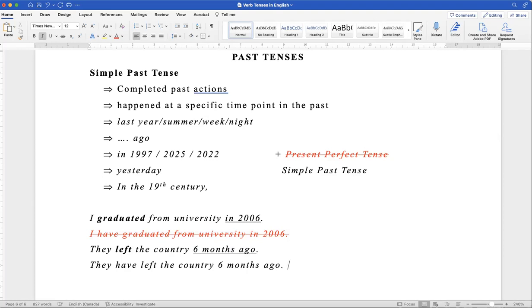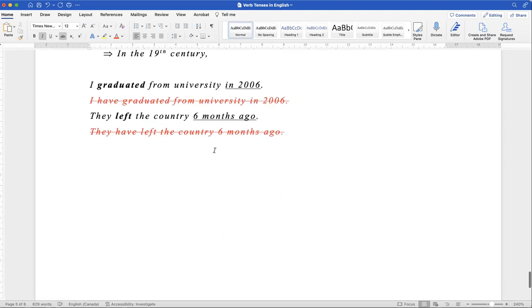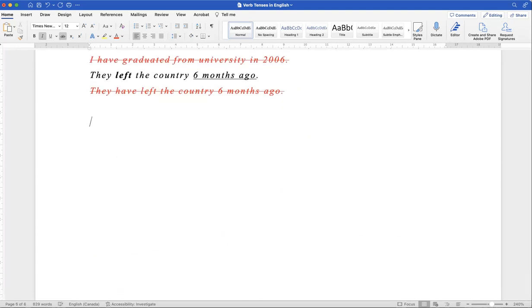No, this won't make any sense because 6 months ago is a specific time point, so this won't be correct. We can say they left the country 6 months ago because you are using a specific time point. Okay. This is what simple past tense is. We have past continuous tense or past progressive tense.